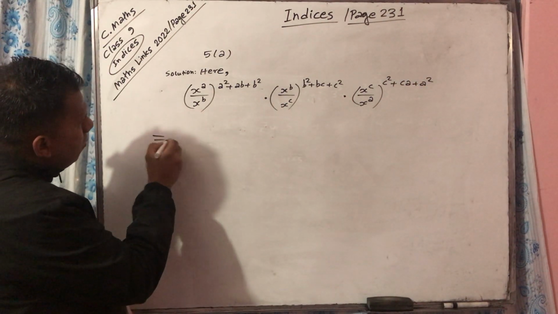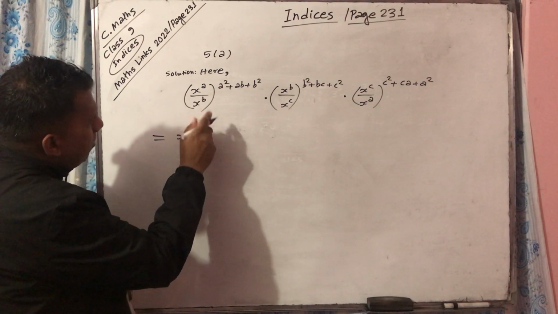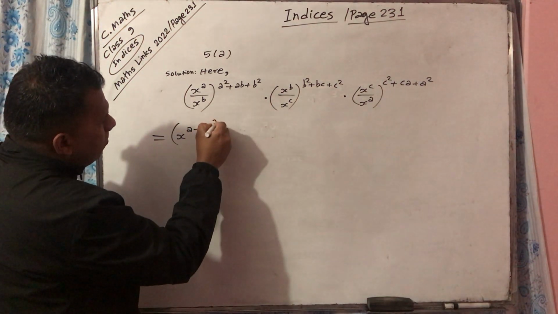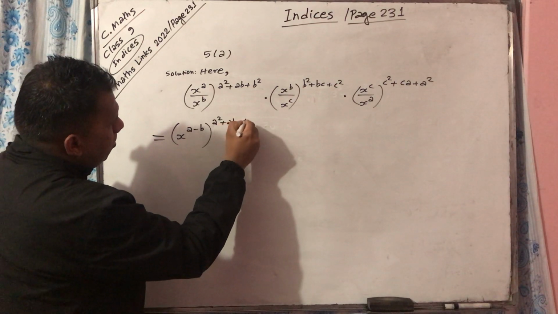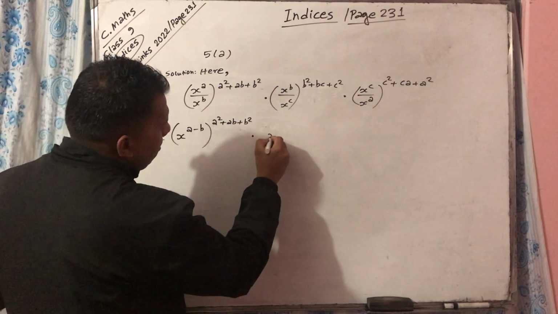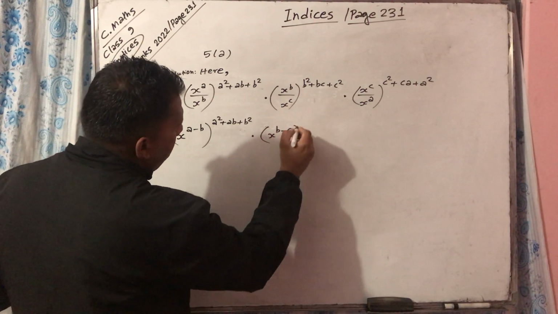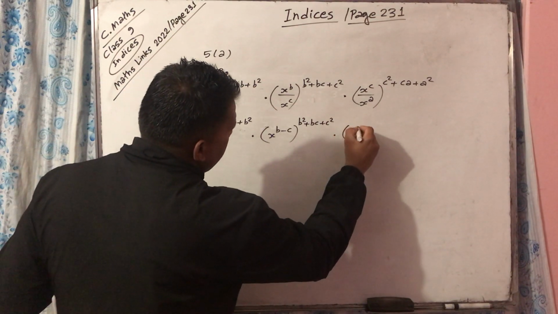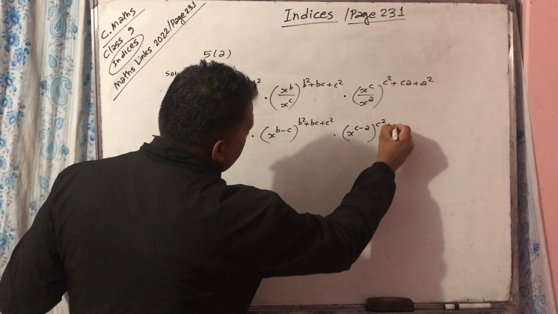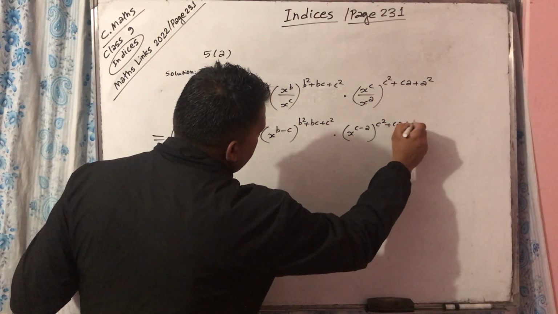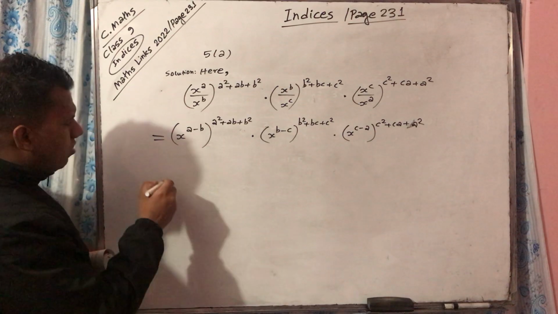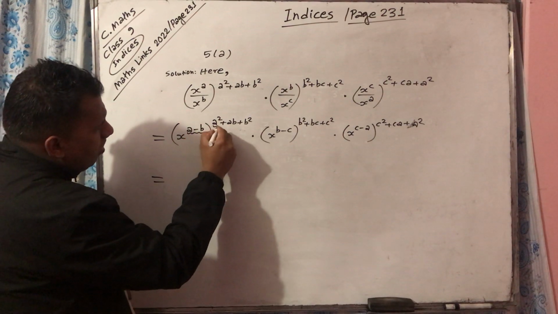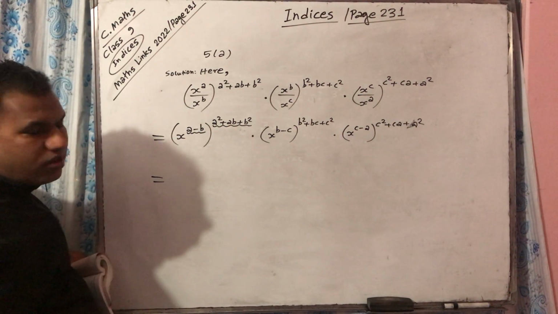So first step, this is equal to x to the power a minus b. Lower power moving up, so sign change, so minus b. Its whole power is a square plus ab plus b square. In the second part, x to the power b minus c whole power b square plus bc plus c square. Then x to the power c minus a whole power c square plus ca plus a square. Now the first part, a minus b multiplied with a square plus ab plus b square, makes the a cube minus b cube form.